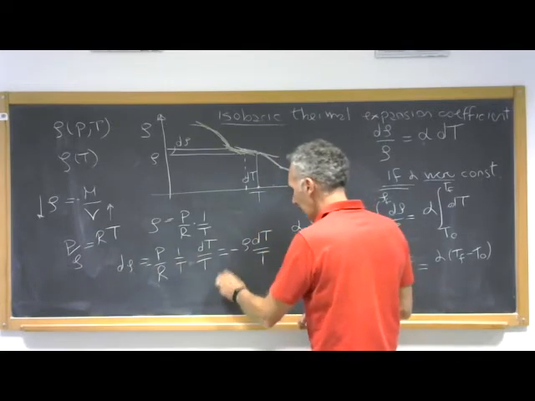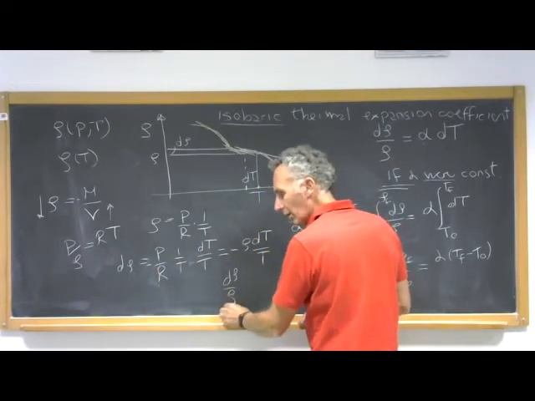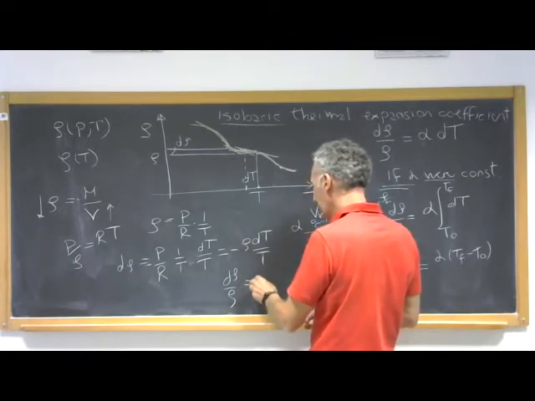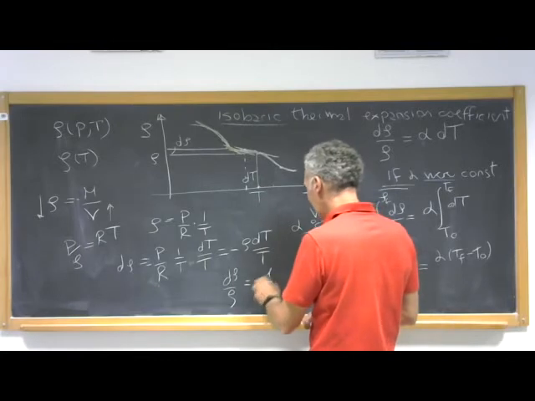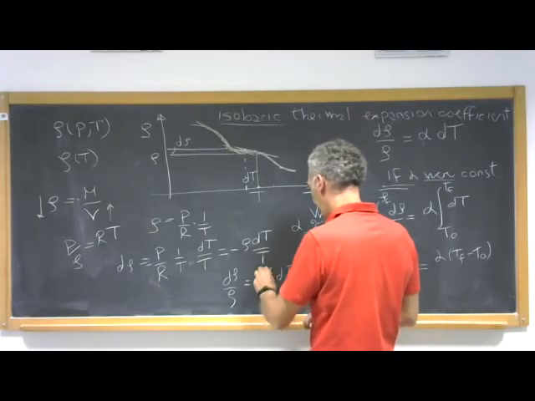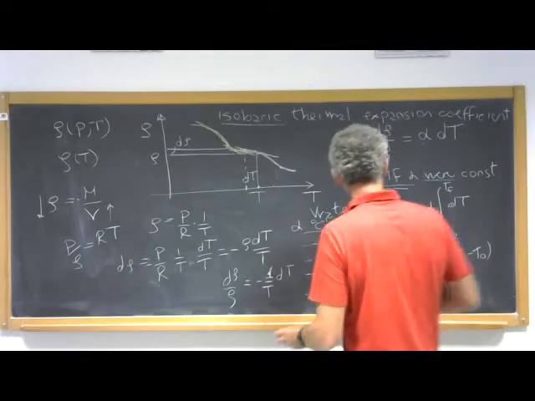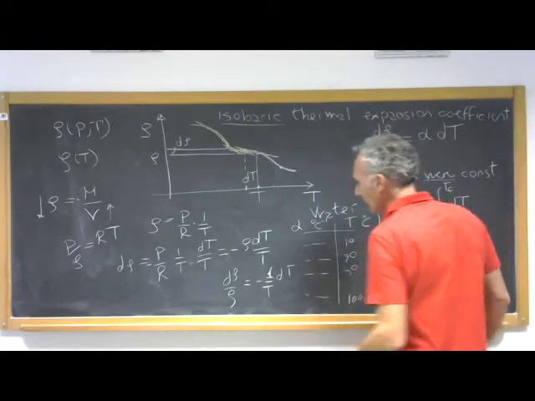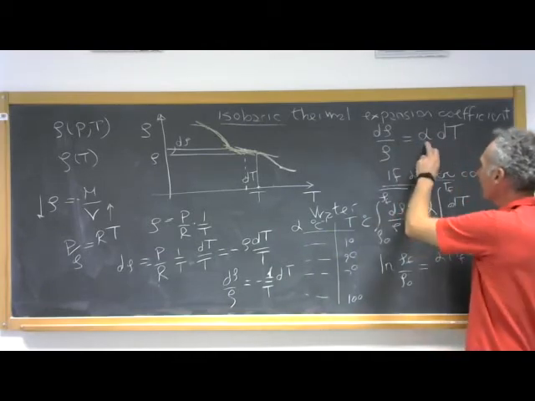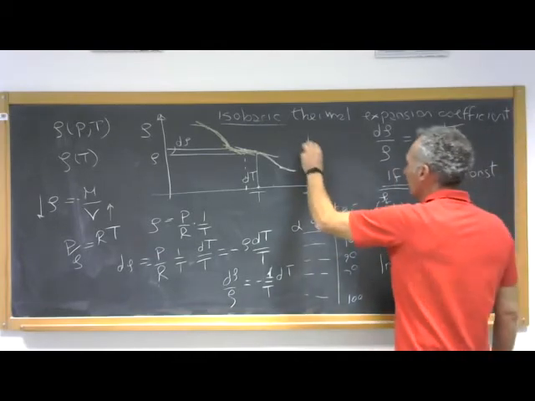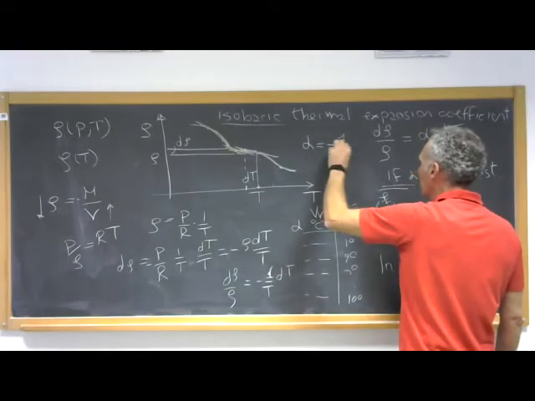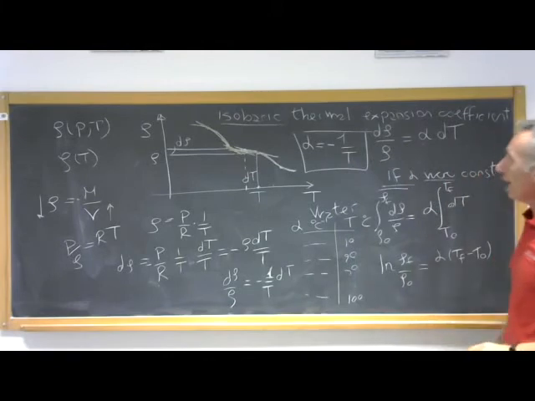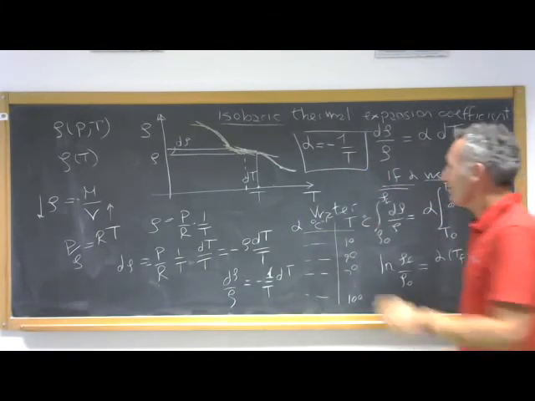So I have d rho by rho, and this would be equal to minus 1 by T dT. Now if you just make a comparison, it is trivial to realize that alpha must be equal to minus 1 by T. And this is for ideal gases.